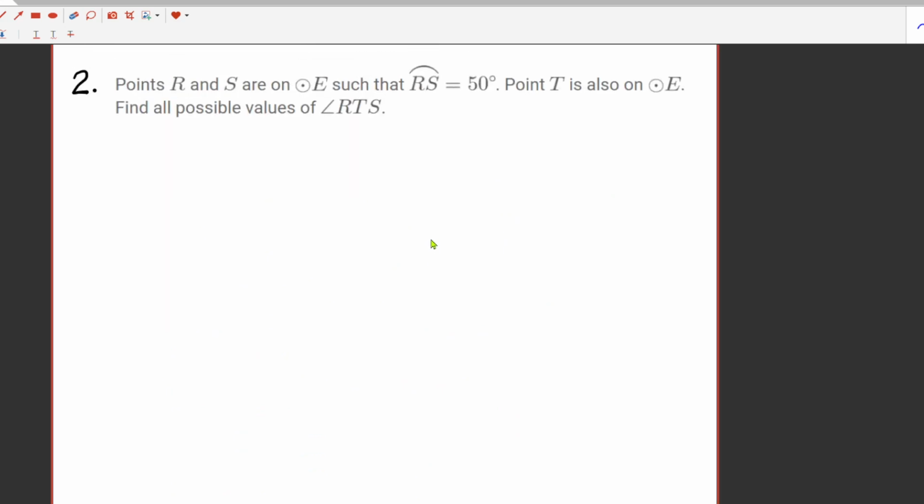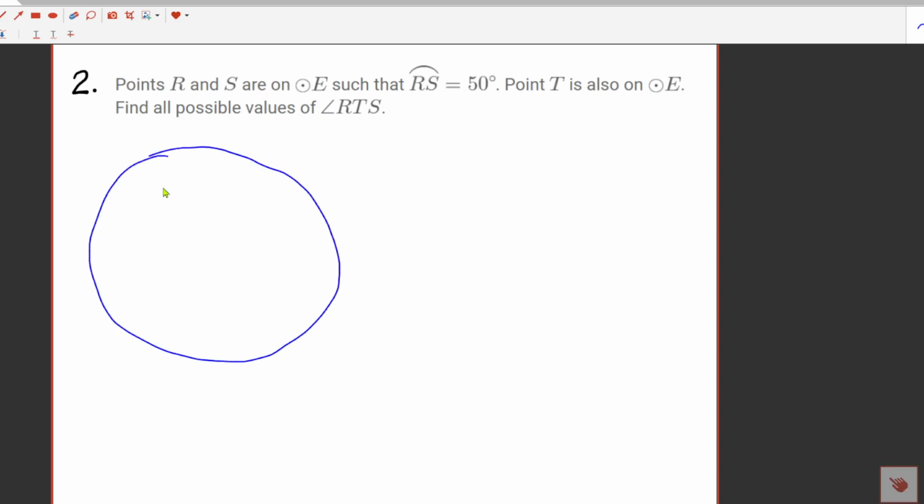So this time we have points R and S on circle E. So first of all, let's draw a circle E. The center is point E, right? R, S are on that circle such that arc RS is 50 degrees, so 50 degrees is here.